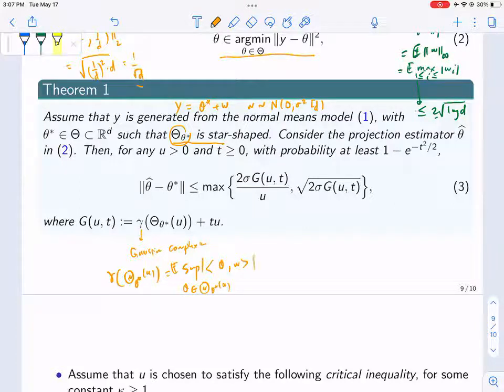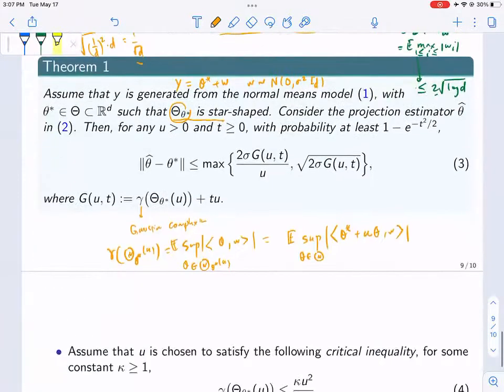If you unpack this, this is just the expectation of the supremum of theta minus theta star, theta star plus u, times theta, where theta is in theta, something like this. But it's easier to look at it like that.